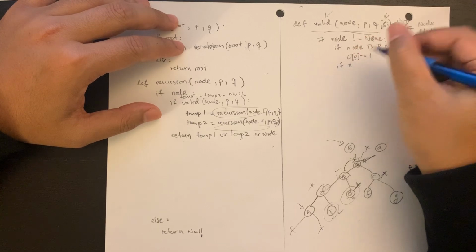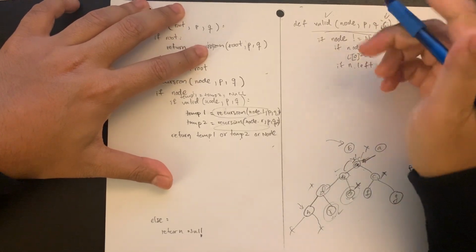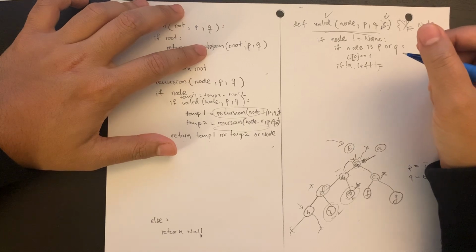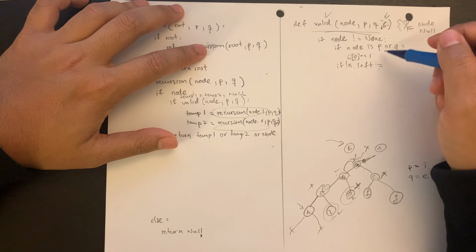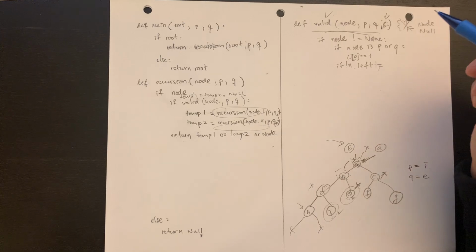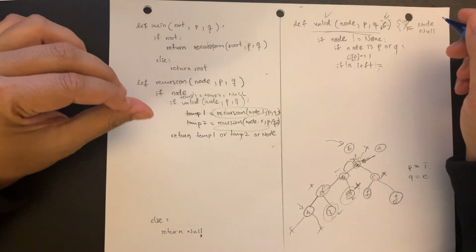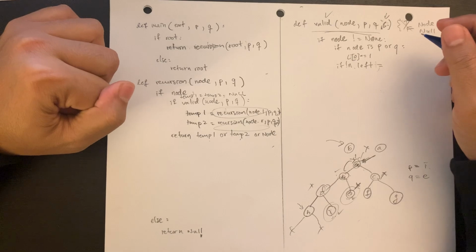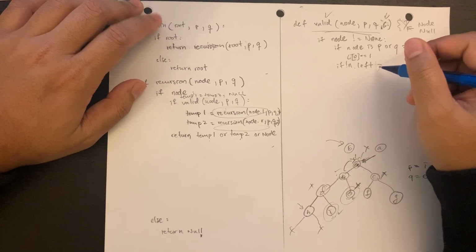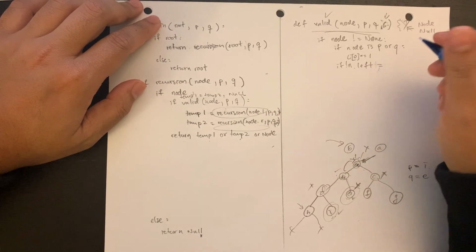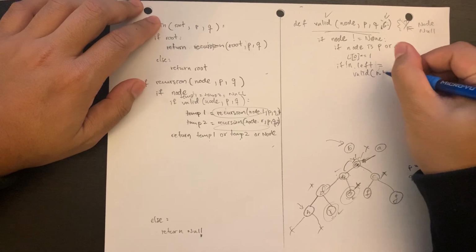So if node dot left is not null, I want to recurse, do n dot left.